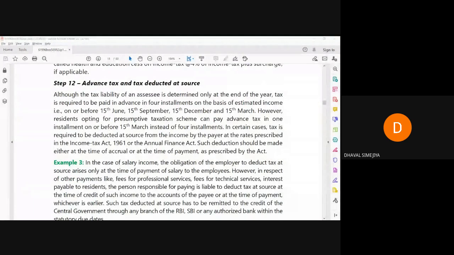What is the meaning of advance tax? Now, you have to just read, okay? This is not like you have to remember all these things. That will be covered step by step in future lectures. Right now, we are just identifying the income tax as a whole. What is the meaning of income tax and what are the terminologies used in this?